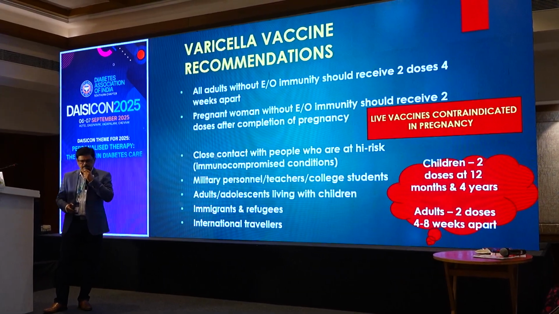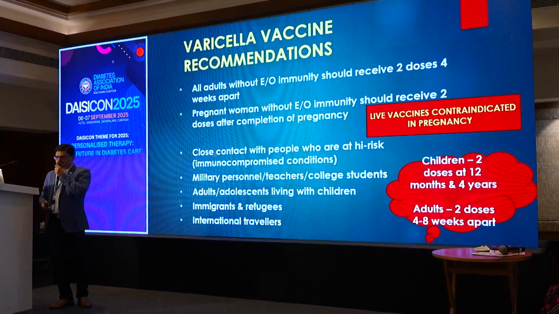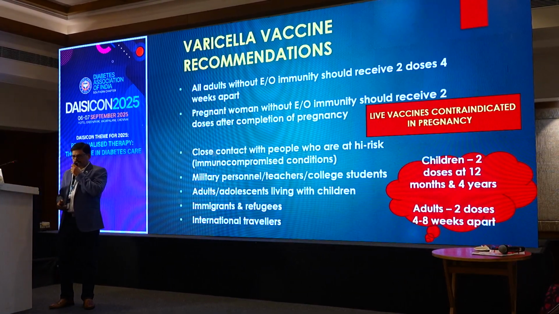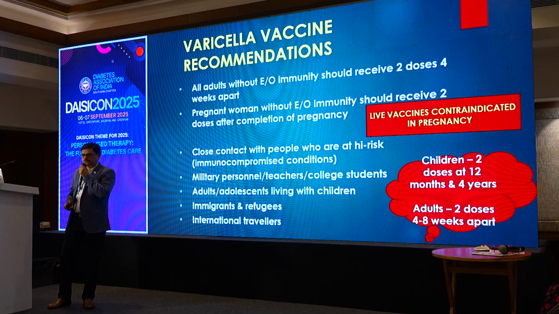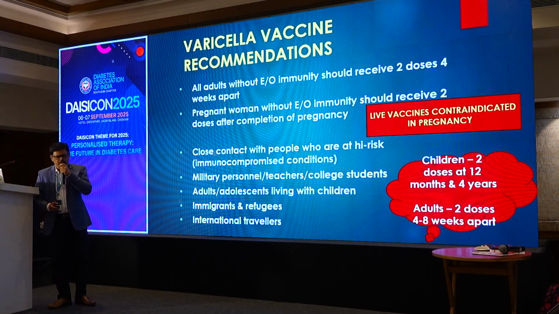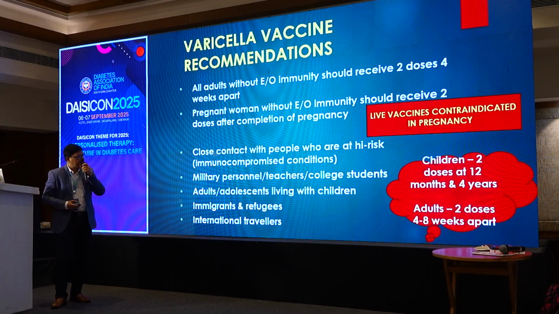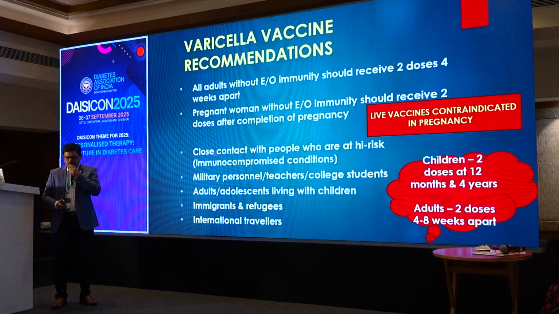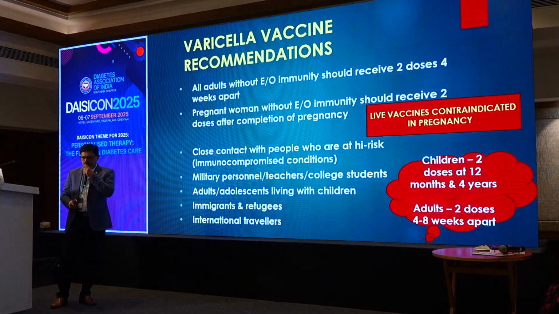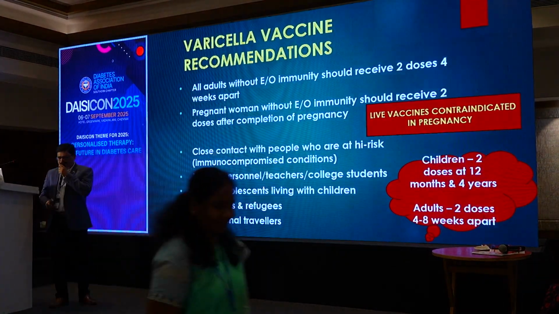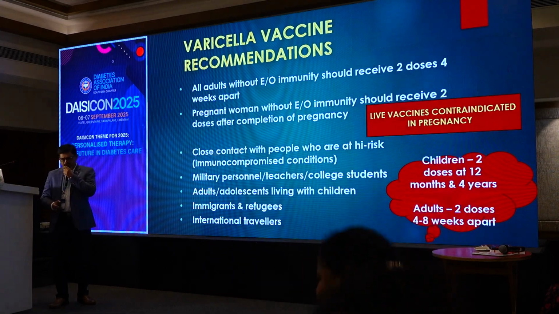The recommendations include: all adults without previous exposure or immunity should receive two doses 4 weeks apart, and pregnant women should also receive the same 2 doses, though live vaccines are contraindicated in pregnancy.